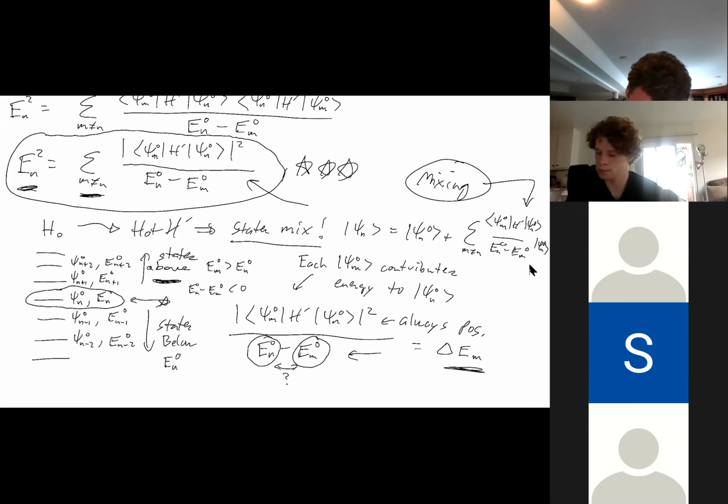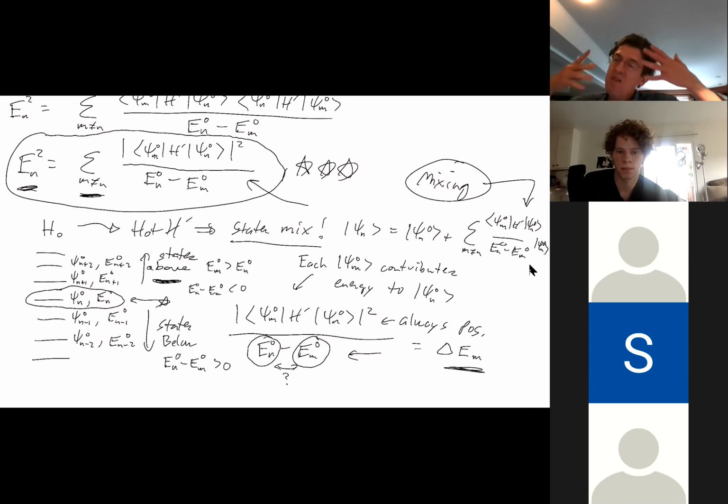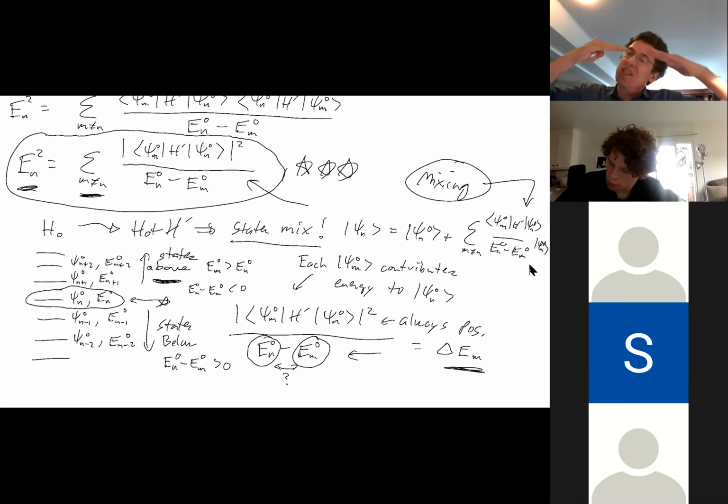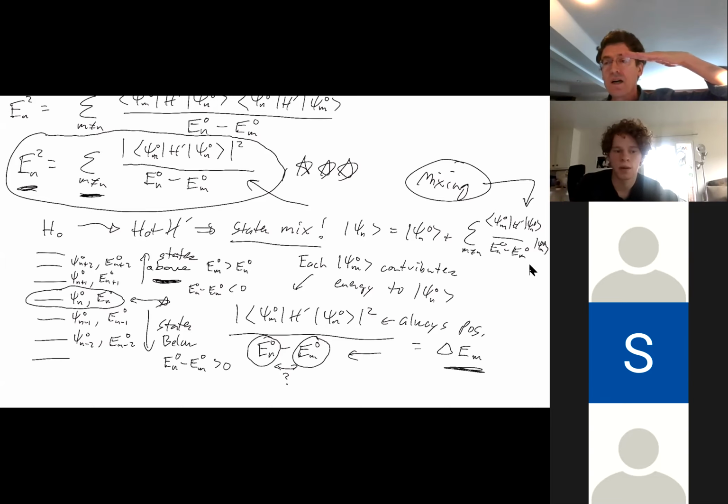So En naught minus Em naught, what is the sign of that? Positive. Yes, that's right. So all the guys below are adding some energy to En naught via the perturbation. But the energy that all the states below are giving the nth state is now positive. So the states below are pushing it in what direction? Up. That's right.